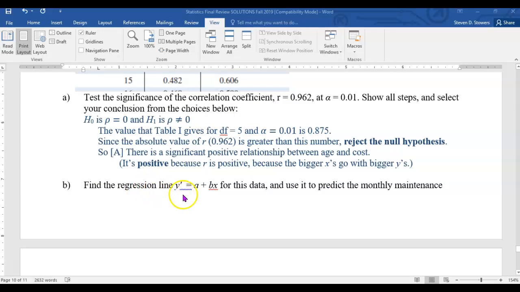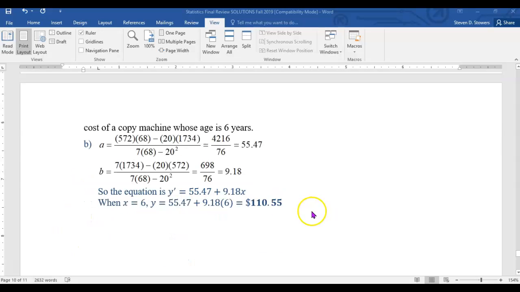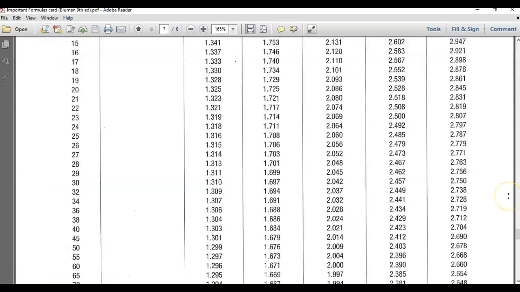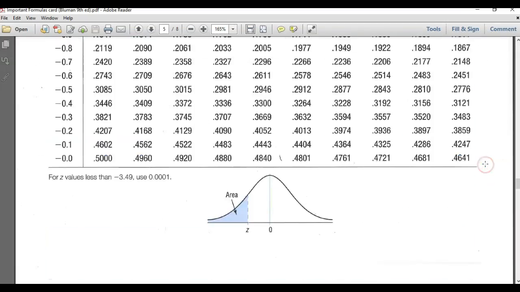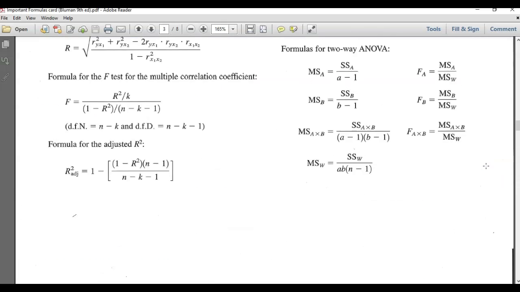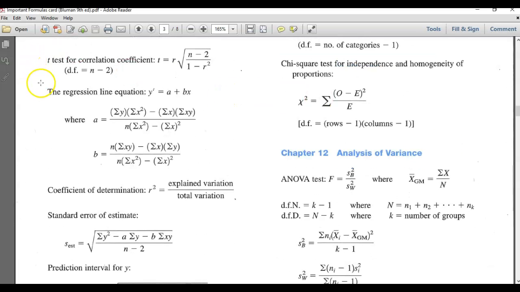Now for part B, I might just give you the regression line equation, or I might ask you to find it yourself. If I ask you to find it yourself, you'll be using those formulas. So the formulas for calculating the A and the B. Here they are.